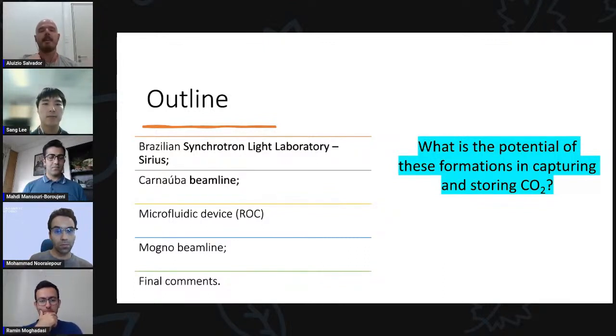I will talk a little bit about it, making a brief introduction about Sirius and its potential. I will focus on two beamlines that we are going to use, the Carnaúba and the Mogno. Also, I will talk about our rock-on-a-chip device that we are developing, and then I will give my final comments.